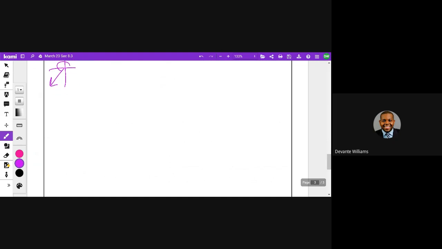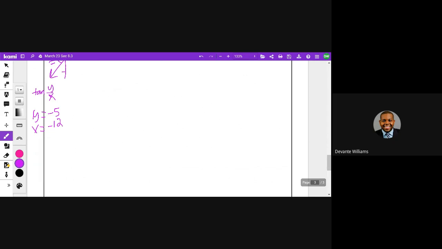Remember, the tangent is what? The y over the x, right? In quadrant 3, the y and the x are both negative. So the tangent, y equals negative 5, and x would be negative 12.